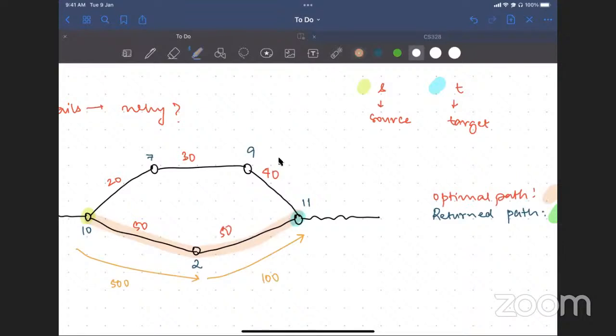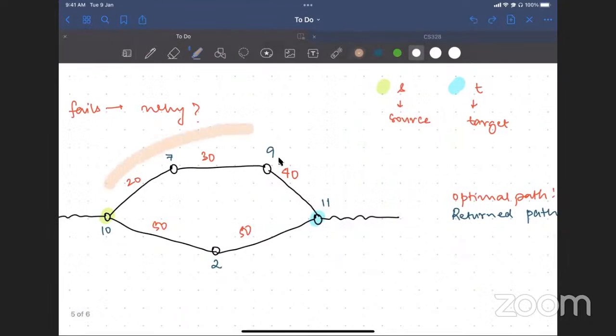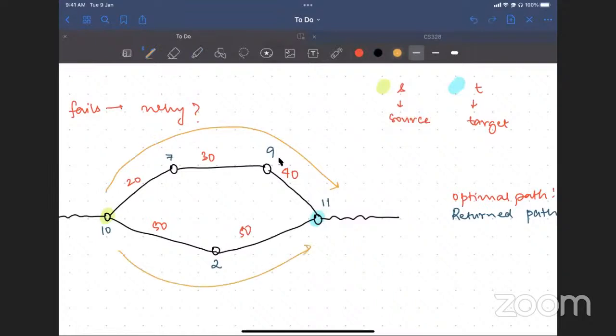But if I run Dijkstra here, just to get the shortest path, from 10 to 11, this is my shortest path, because here the edge weights add up to 90 and here they add up to 100.